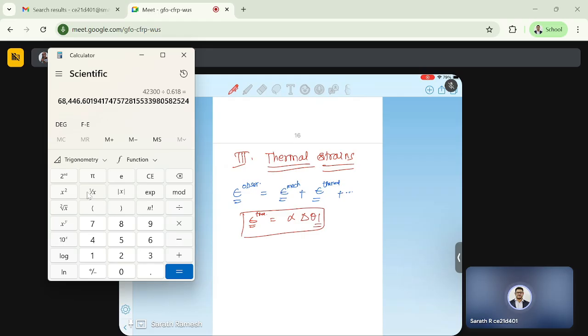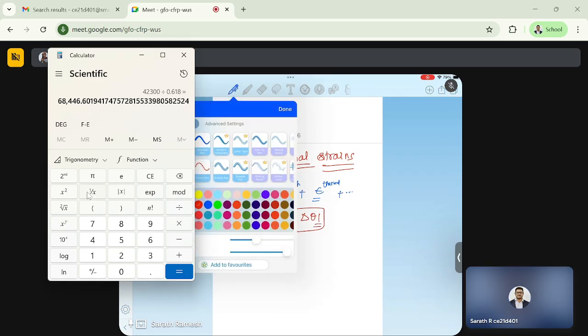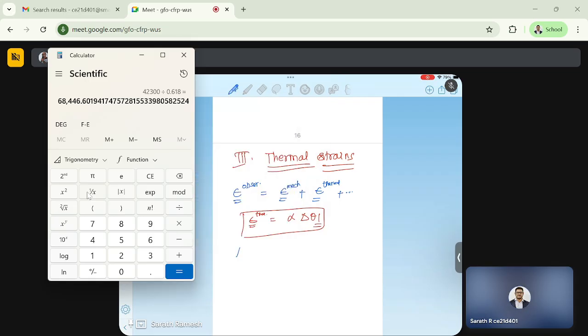Okay, this is what we need. This alpha we call the coefficient of thermal expansion.